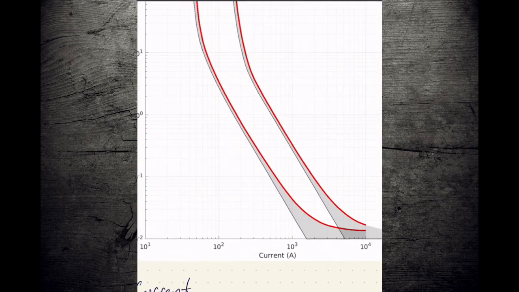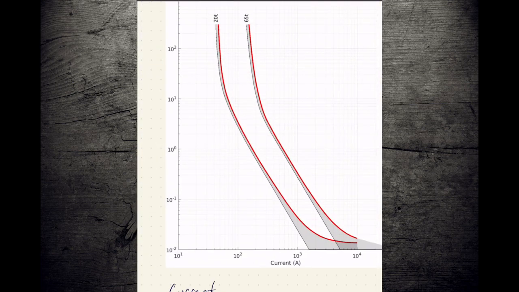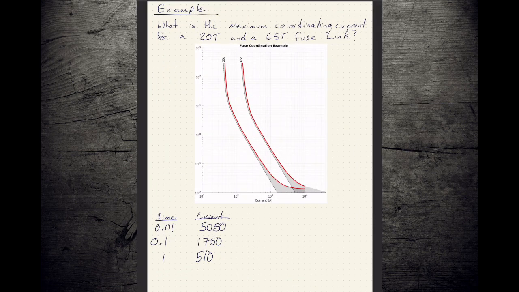So we're going to do 1 second, 1, 2, 3, 4, 500, and then, because we're going to hit that curve, let's do one at 3 seconds. At 3 seconds we are right at 300 amps. Oops, we're running out of space here.